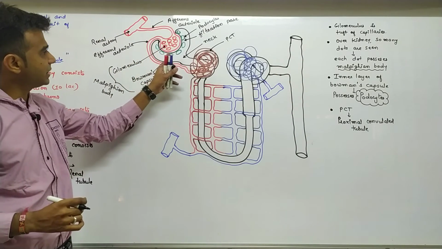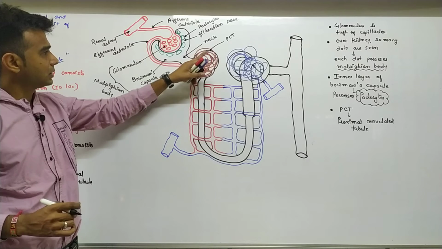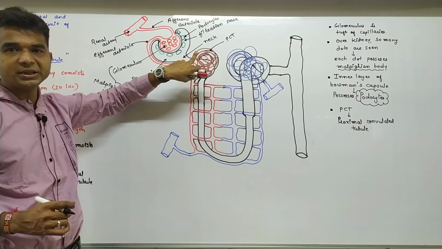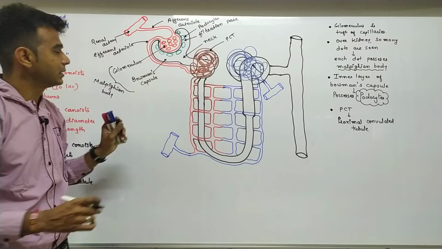So initial to the Bowman's capsule, the highly coiled region is known as proximal convoluted tubule, PCT.